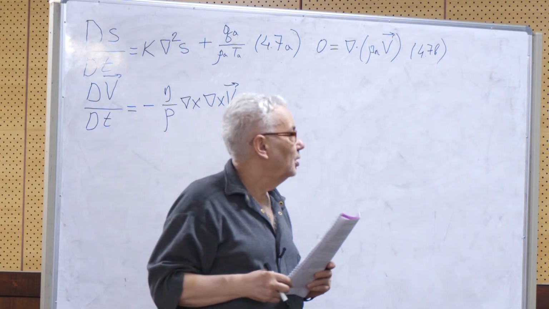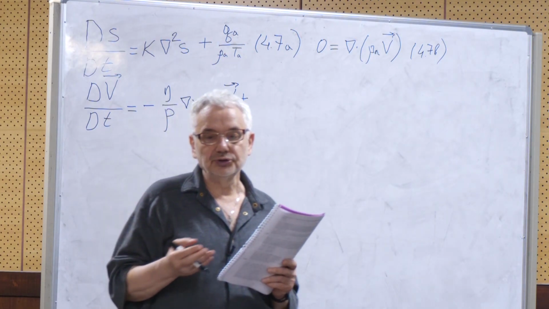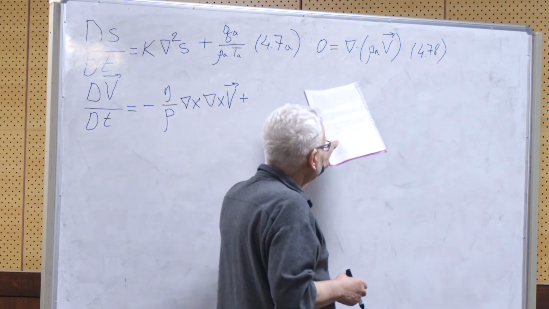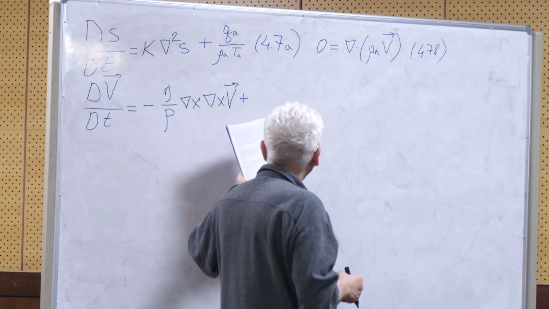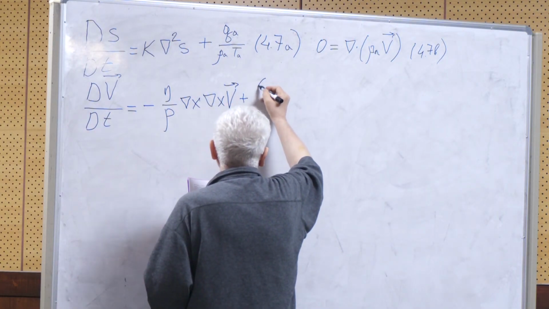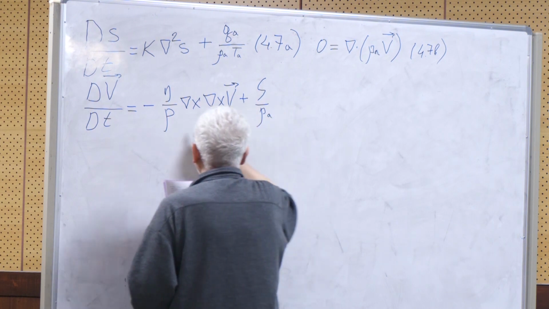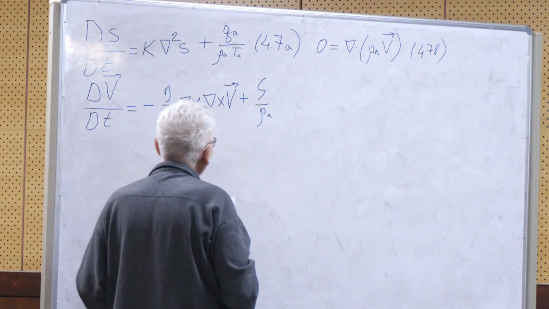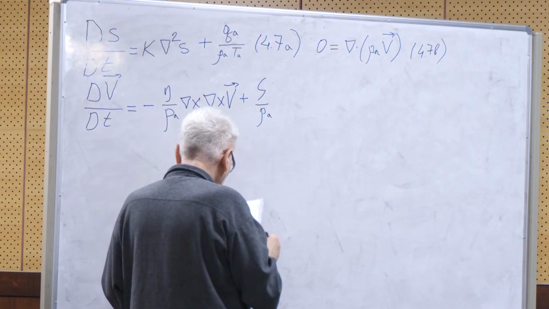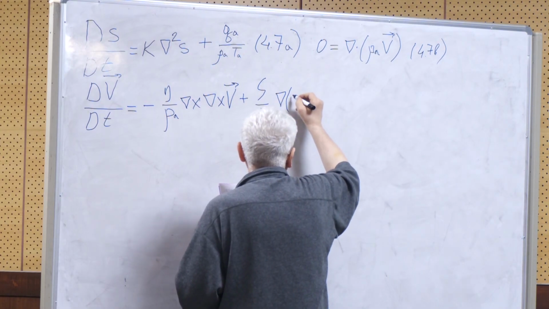But if you consider Jupiter or Saturn, we have a very big variation in the density, so we cannot neglect the following term. And this term is written like that, with rho adiabatic and the gradient of the divergence.